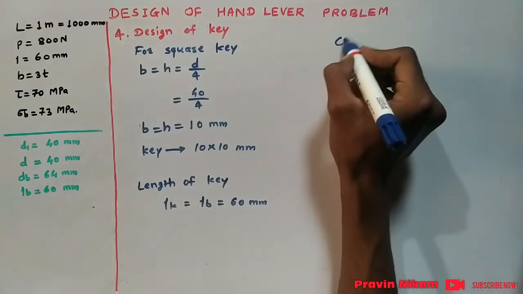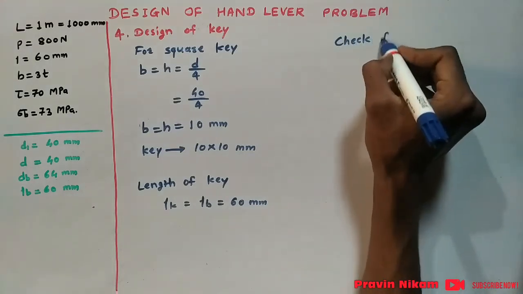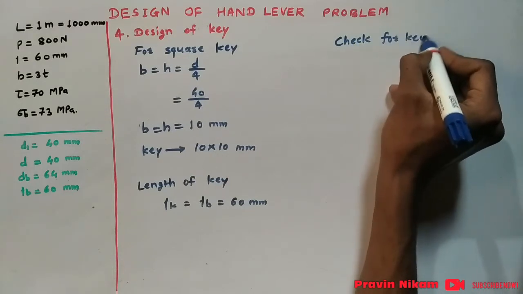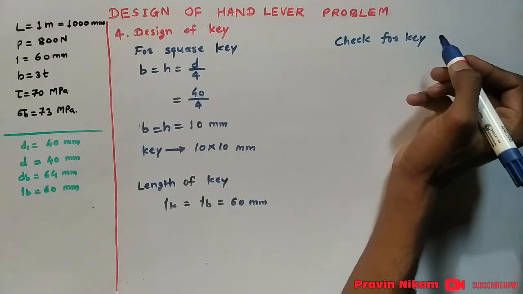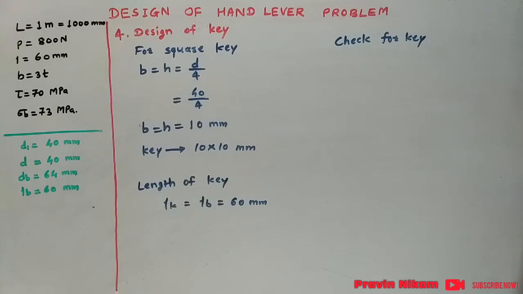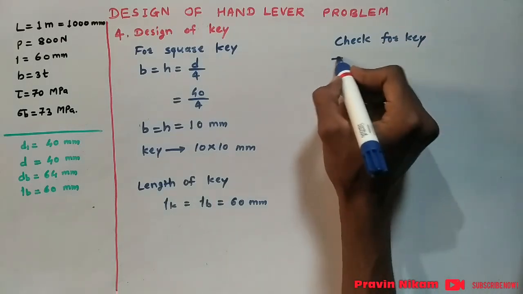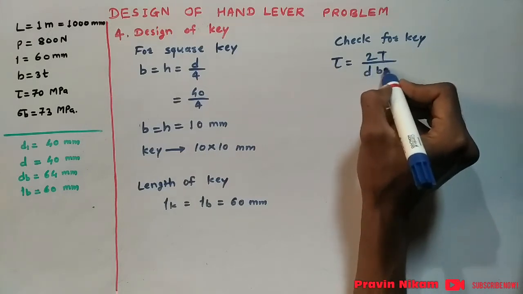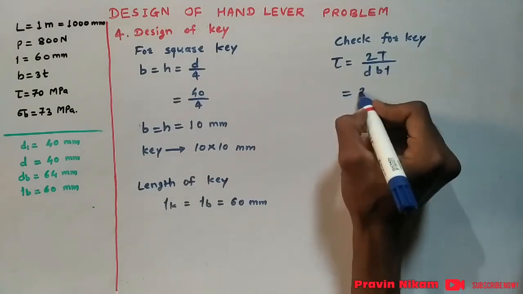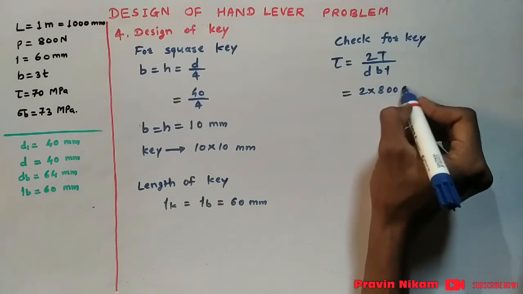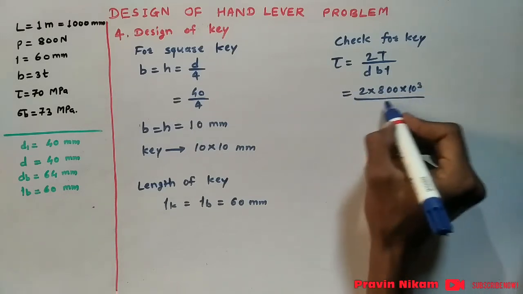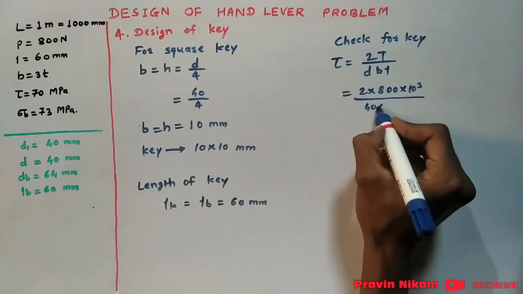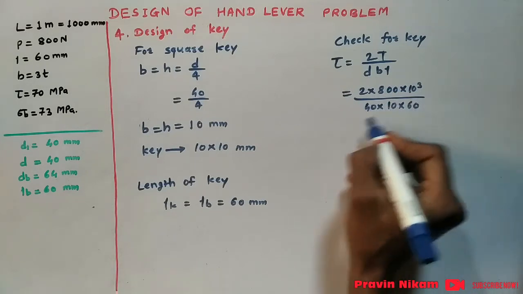Now check for key. Here sigma C is not available, so check key in shear only. We know that tau is equal to 2T divided by dBl. So here 2 into 800 into 10 raised to 3 divided by D is 40, B is 10, L is 60.